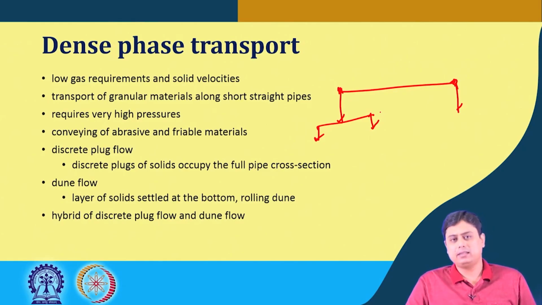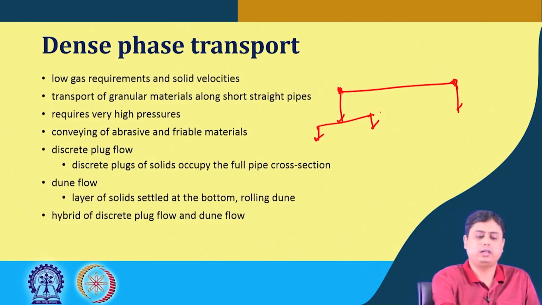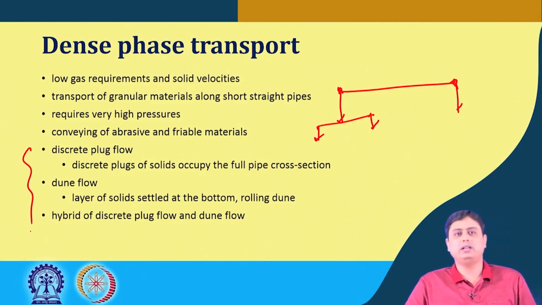In the other case there is a different scenario we call the heterogeneous flow. This heterogeneous flow can further be classified into three regimes. One is the discrete plug flow, meaning discrete plugs of solids occupy the whole cross section.